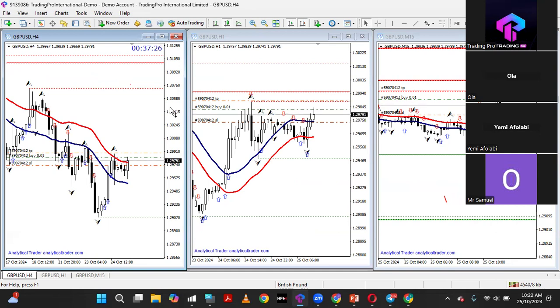Let's see how it's going to play out. You can put it on any time frame, but I always prefer having it on the 4-hour, because on the 1-hour you can easily tell when the next candle will form, but on the 4-hour you need to know. So if the next 4-hour is going to open by 11, when will the next one open?